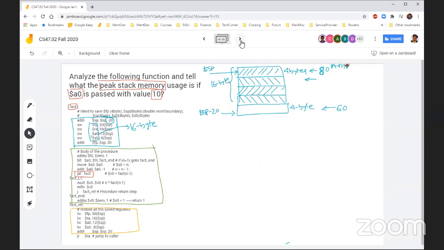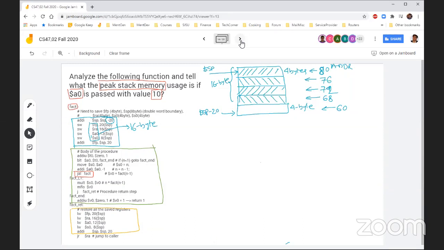These are addresses, minus 4, which is like 76, minus 4, 72, minus 4, 68, right? 68, 1, 2, 3, 4, okay.